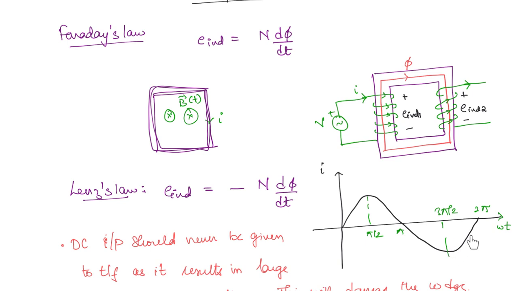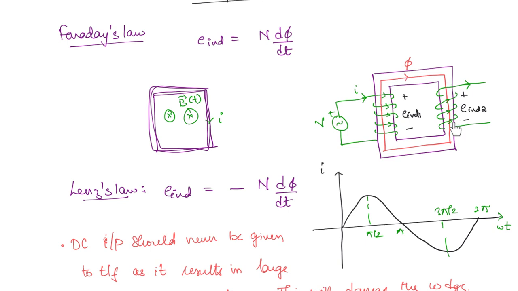Once again when flux starts increasing, this polarity will be reversed back. You can see one more important point, that the induced EMF will be 90 degrees out of phase with the alternating flux. So this is the basic working principle of the transformer.